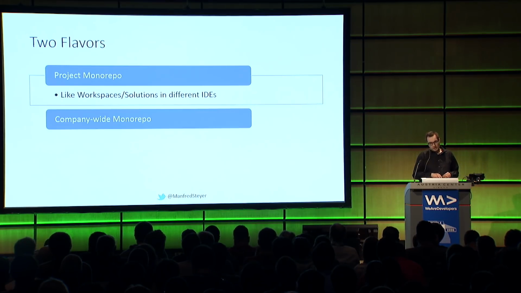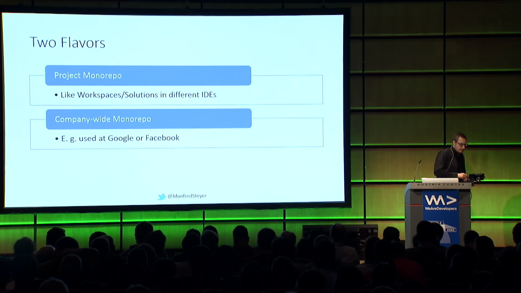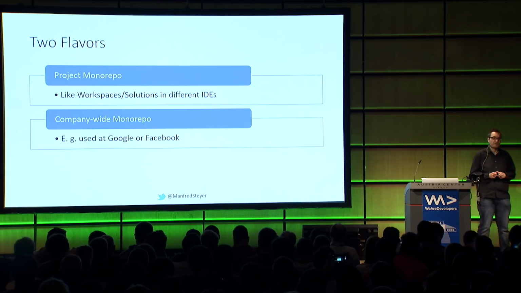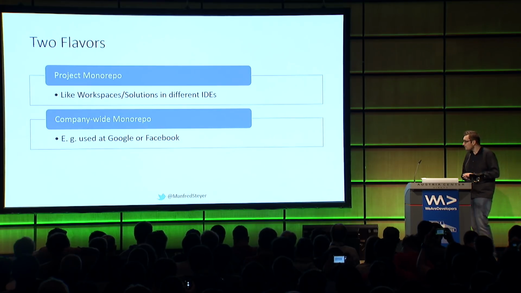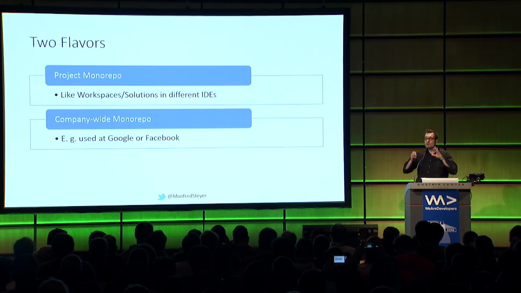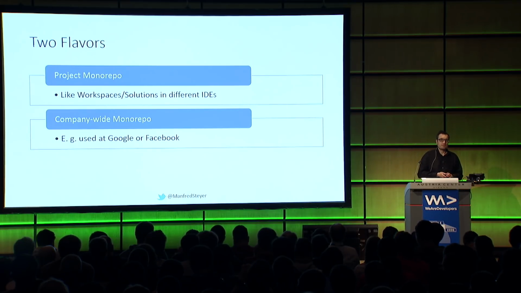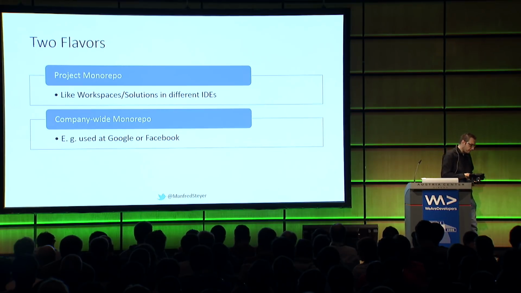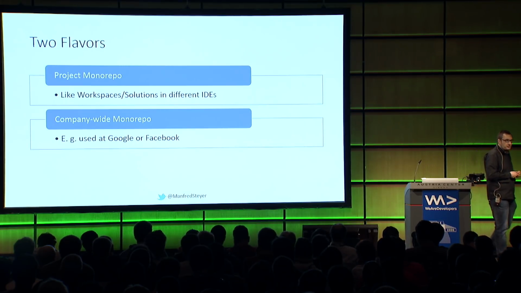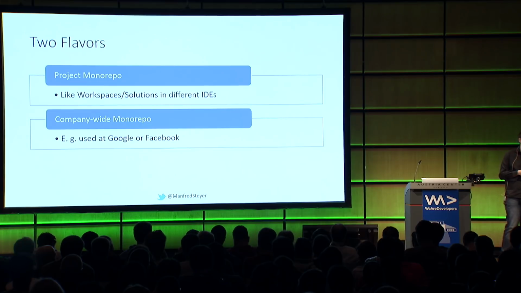There is also a company-wide monorepo approach. It is used quite heavily at companies like Google or Facebook. What this means is that they have just one repository for all their software projects. This seems to be quite overwhelming, and this also demands special custom tooling.